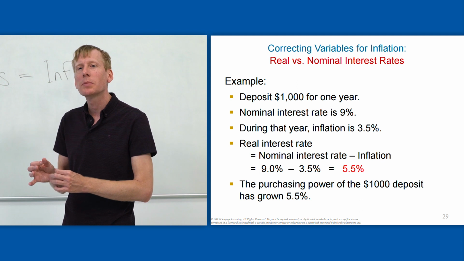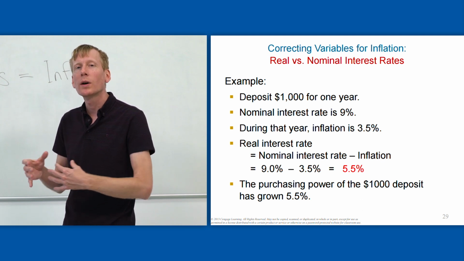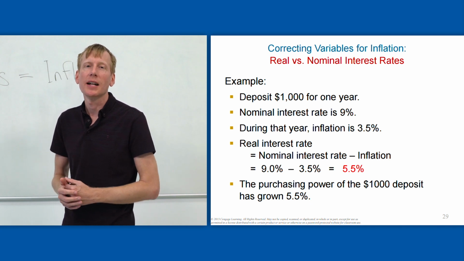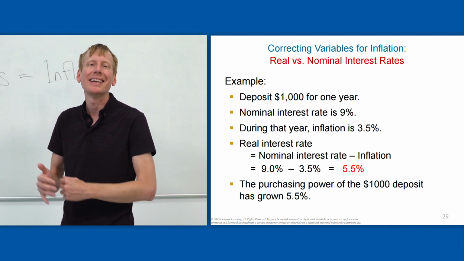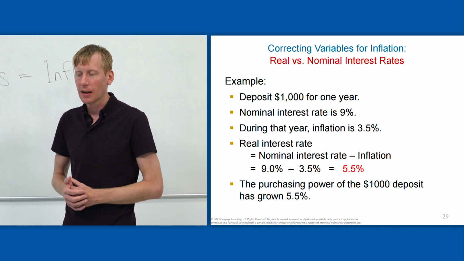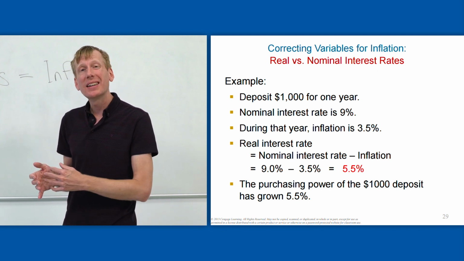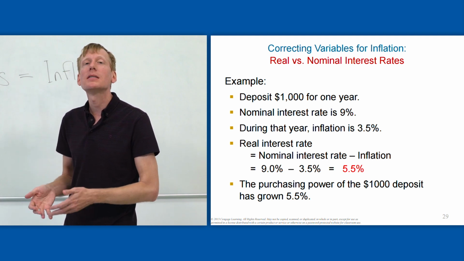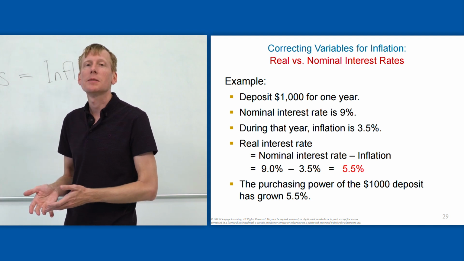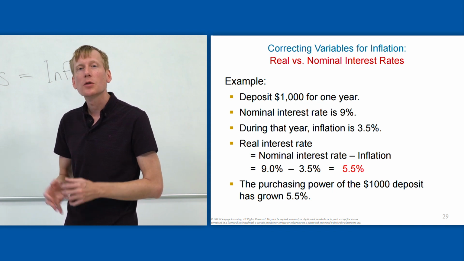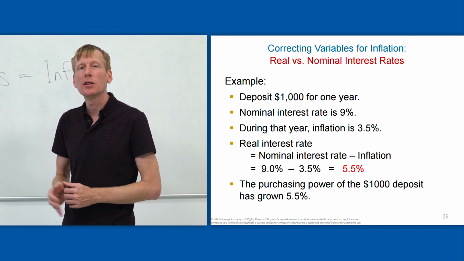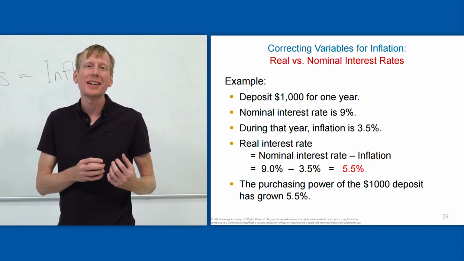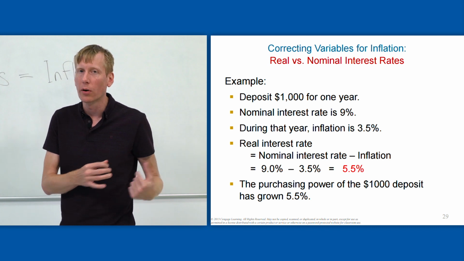They pay you 9%, so you would expect after 1 year to have 1,000 plus 1,000 times 9%, or $1,090 in the bank. However, during that year, while your money sits in the bank unspent and unused, prices rise. Prices rise by 3.5%. So that 1,090 that you have after a year isn't able to buy you as much as 1,090 would have a year before.